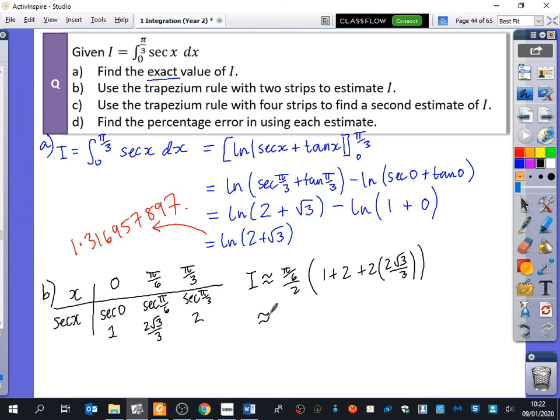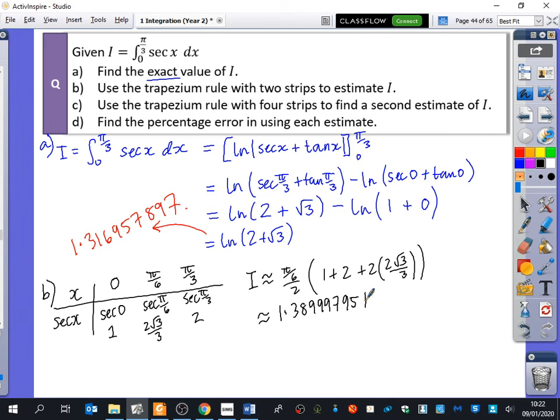So that's pi over 6 over 2 multiplied by 3 plus 4 root 3 over 3. And you get 1.389997991. So it's kind of close, but kind of not close either.